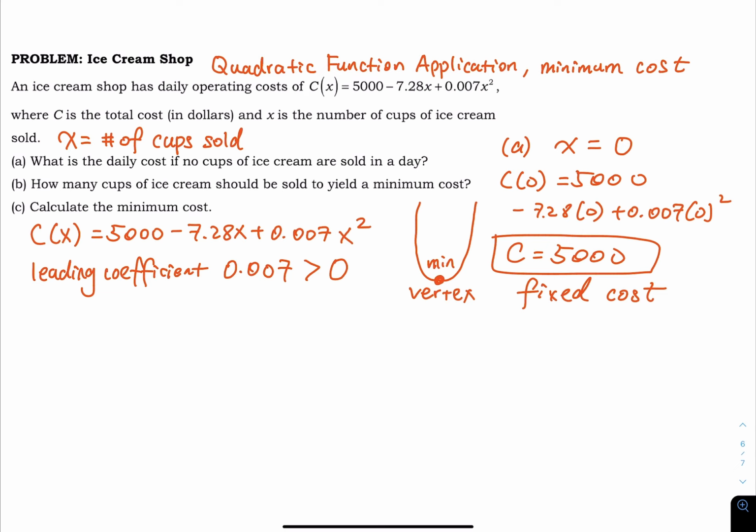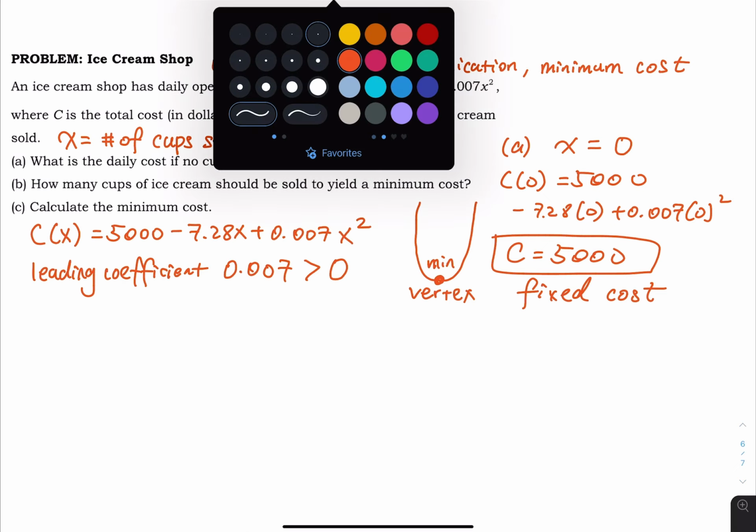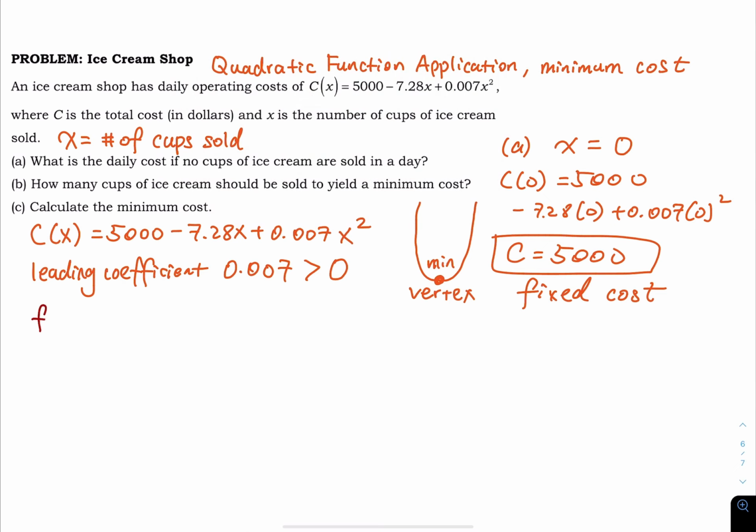Okay, part B. What is the vertex to yield a minimum cost? What x equals gives you a minimum cost? For a quadratic function, f of x equals ax squared plus bx plus c. To find the vertex, the x coordinate is equal to negative b divided by 2a.